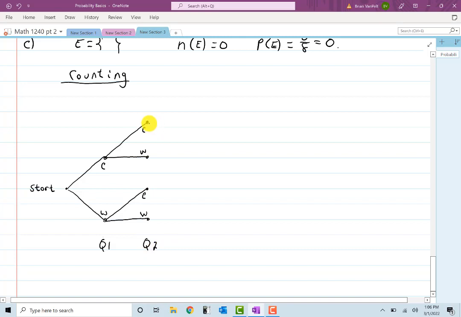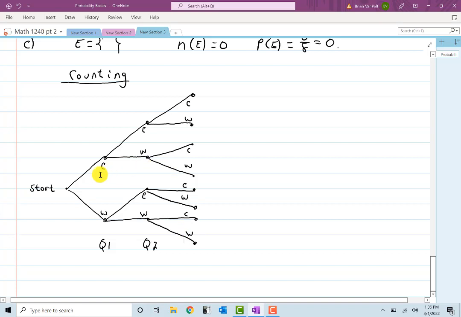For the third question, though, we can continue. I could get correct or wrong here, correct or wrong, and finally correct or wrong, correct or wrong.